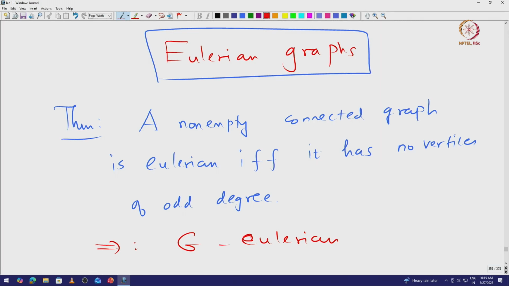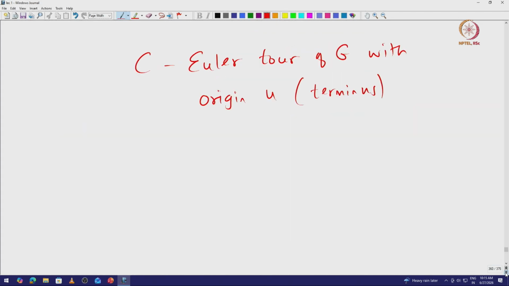So, let us start with the forward direction. Assume that G is Eulerian. Then we want to conclude it has no vertices of odd degree. Since G is Eulerian, we can take C to be the Euler tour of G with origin U. Recall what an Euler tour is.